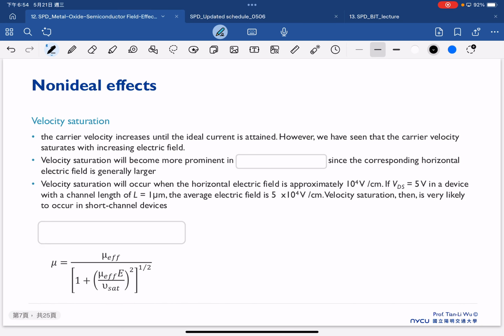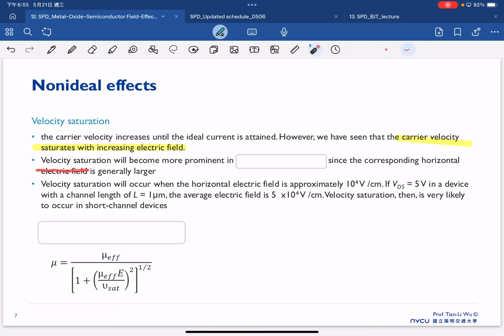So here are some more details related to velocity saturation. The carrier velocity increases until the ideal current is attained. However, we have seen that the carrier velocity saturates when the electric field increases.